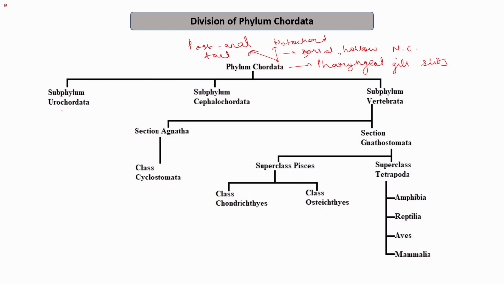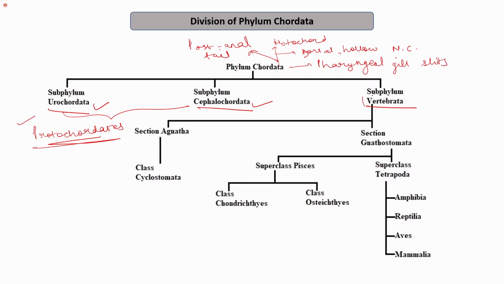So this phylum Chordata is further divided into the urochordates, cephalochordates, and subphylum vertebrata. The urochordates and cephalochordates are together called protochordates.